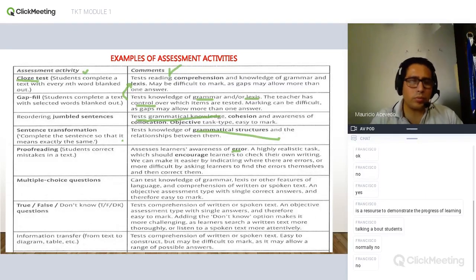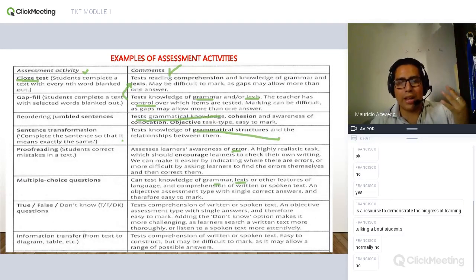Now, multiple choice questions. Okay, what can multiple choice questions test? They can test knowledge of grammar, lexis, or other features of language and comprehension of written or spoken text. So this is very good, right? Because in multiple choice questions, you can have A, B, C, and D, like in the TKT test. It's good because you can evaluate whatever you want.